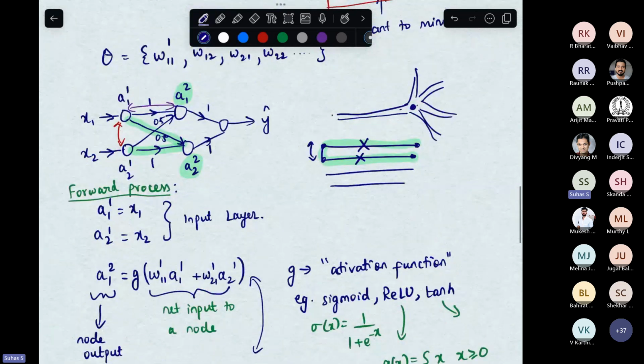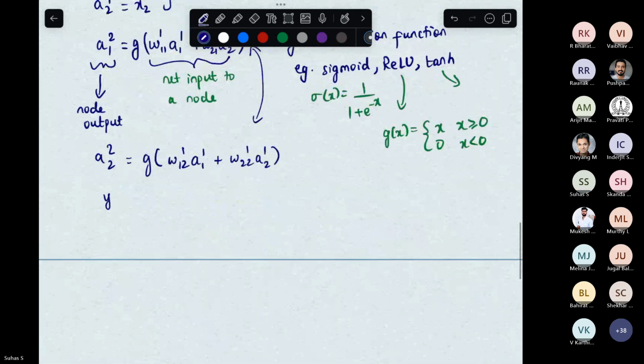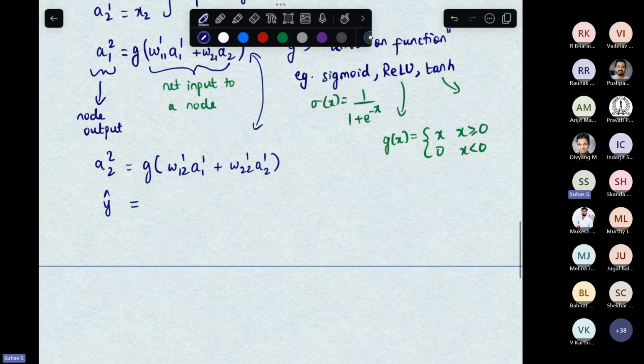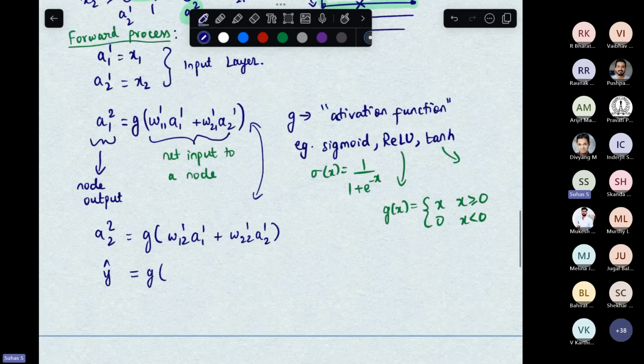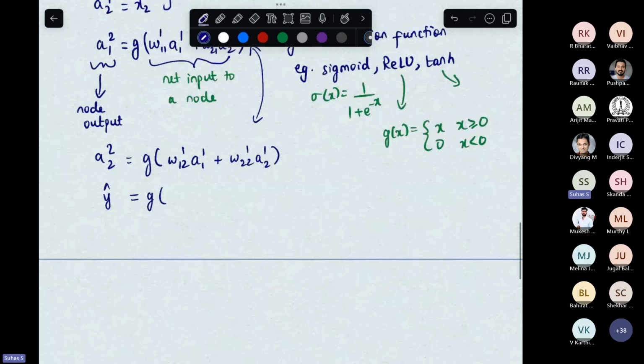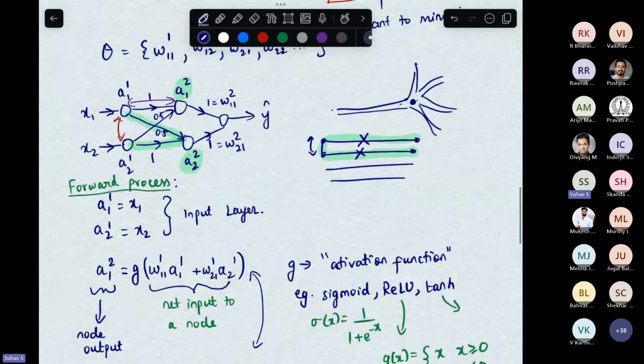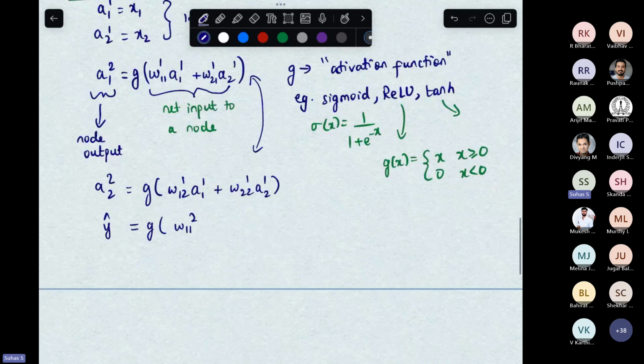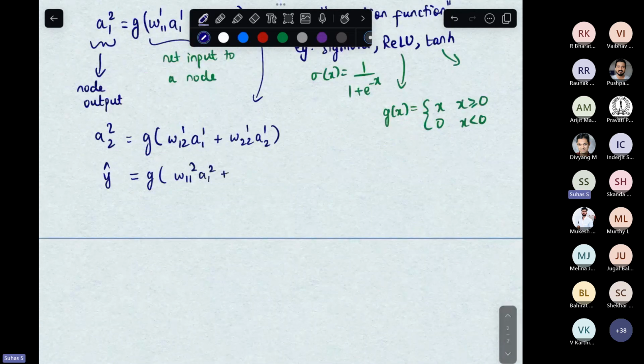And yeah, so this is a forward process, and let me just complete the equations for the sake of completeness. Similarly, this is W11 of layer 2. This is the weight connecting node 2 to node 1 of layer 3 from layer 2. Okay, so y hat is again some function of W112, but it multiplies this node over here, which is A12, plus W212 of A2.